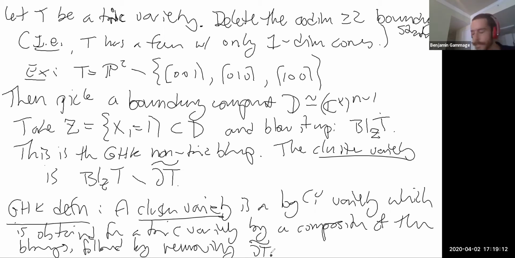So I'm about to do an example. Before I do the example, let me make a remark that this is actually different from the definition of a cluster variety which cluster theorists care about. Maybe I should write this down because it could potentially become important to you at some point.